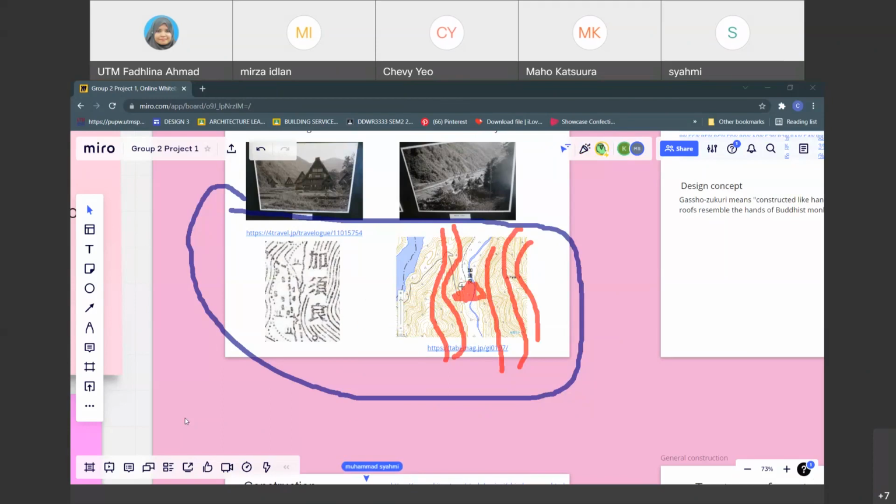Shami, these are the things that you need to describe. Although you cannot get the exact site plan, perhaps you know where the location of this particular house is. Refer to this one. I think you can get it from here. These are the hills, and the house is located in the middle, right?